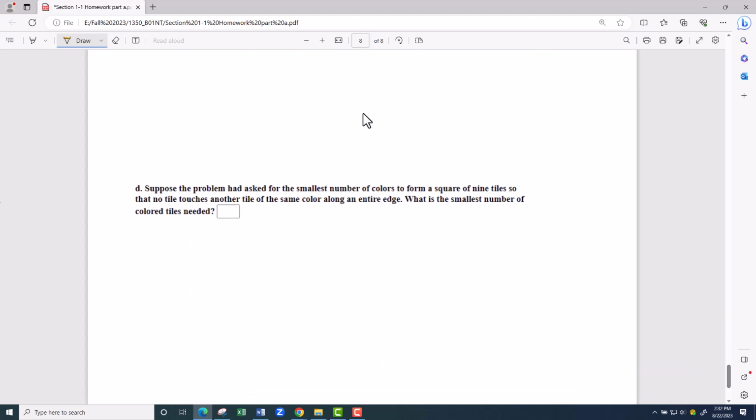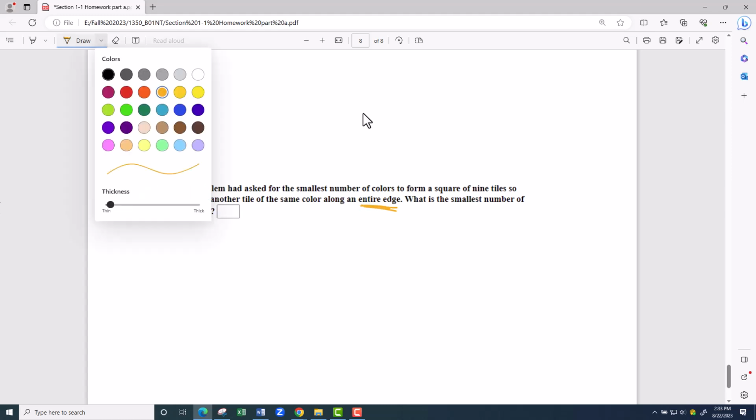Suppose the problem had asked that the smallest number of colors to form a square of 9 tiles so that no tile touches another tile of the same color along an entire edge. So this changes us.